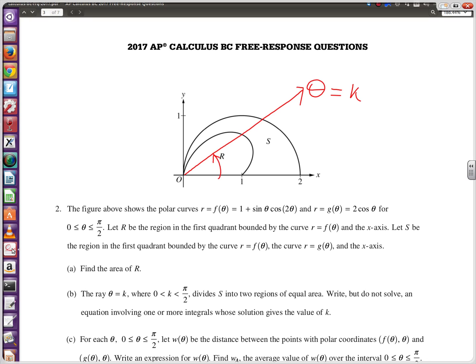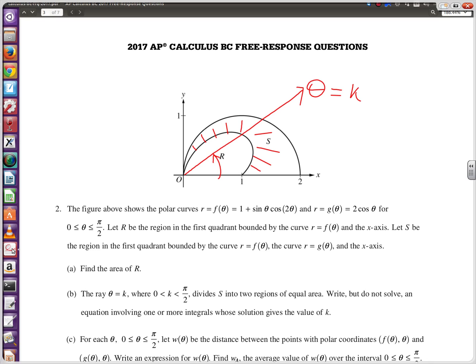Is that the solution? Is that what's going to make this region, that area, equal to this area over here? That's what they want. So it's when the area from 0 to k bounded by the two curves equals the area from k to pi over 2.